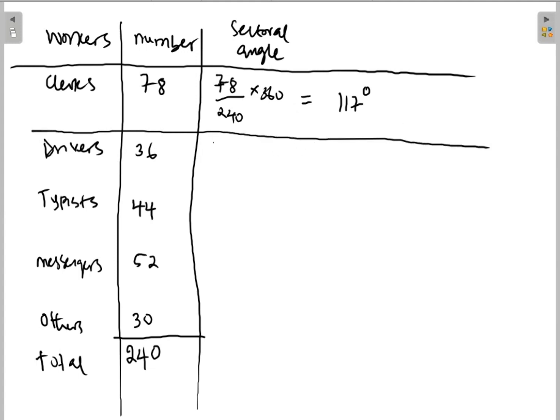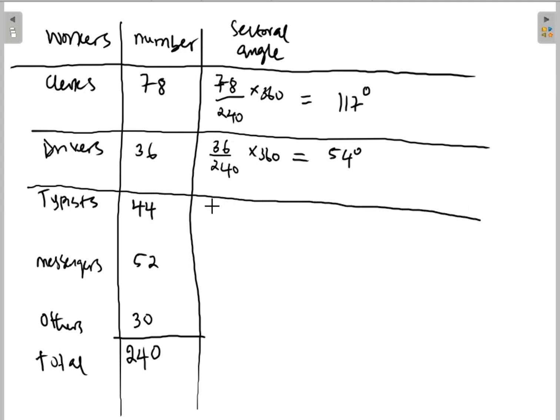Now for drivers, 36 divided by 240 multiplied by 360, we have 54 degrees. For typist, 44 divided by 240 multiplied by 360 degrees, that's 66 degrees.